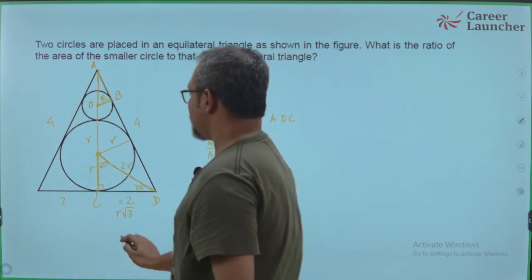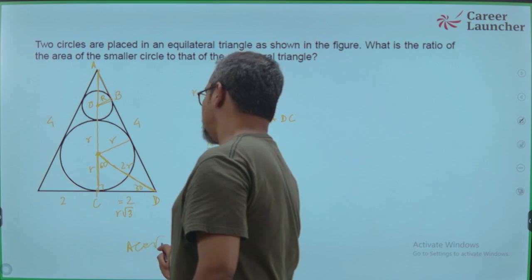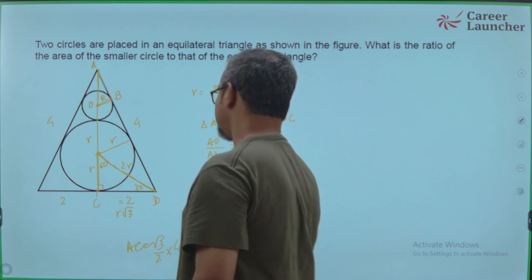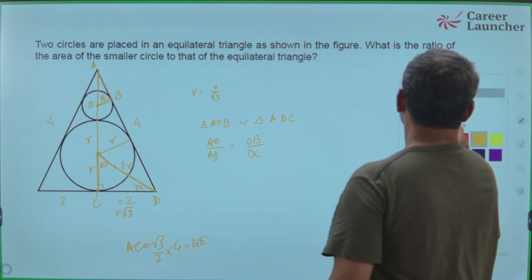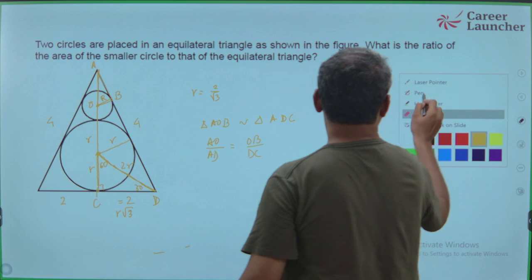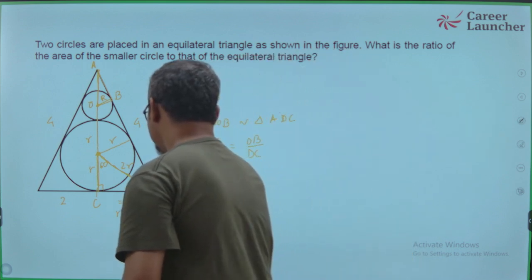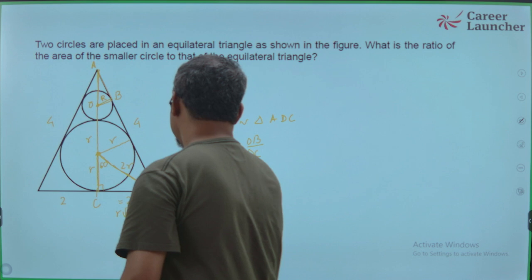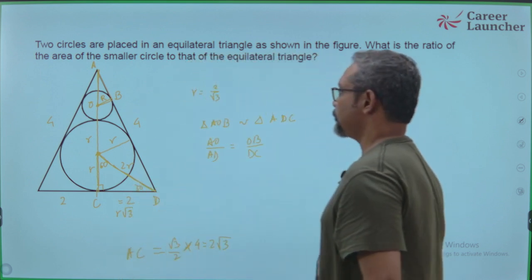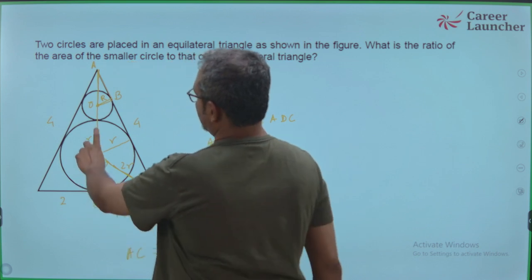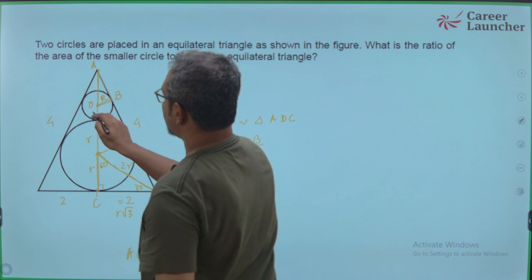So the height AC is root 3 over 2 times the side, root 3 upon 2 times 4, so that is 2 root 3. So this is 2 root 3 minus r and minus capital R.